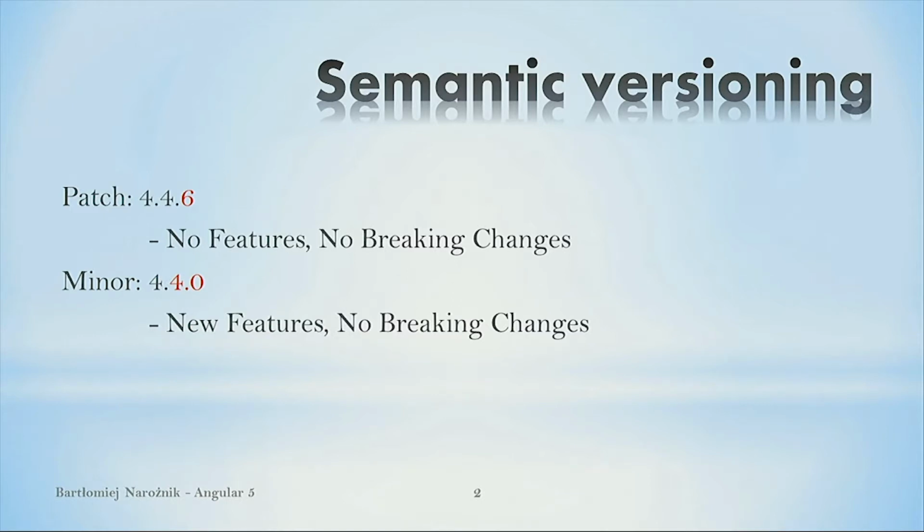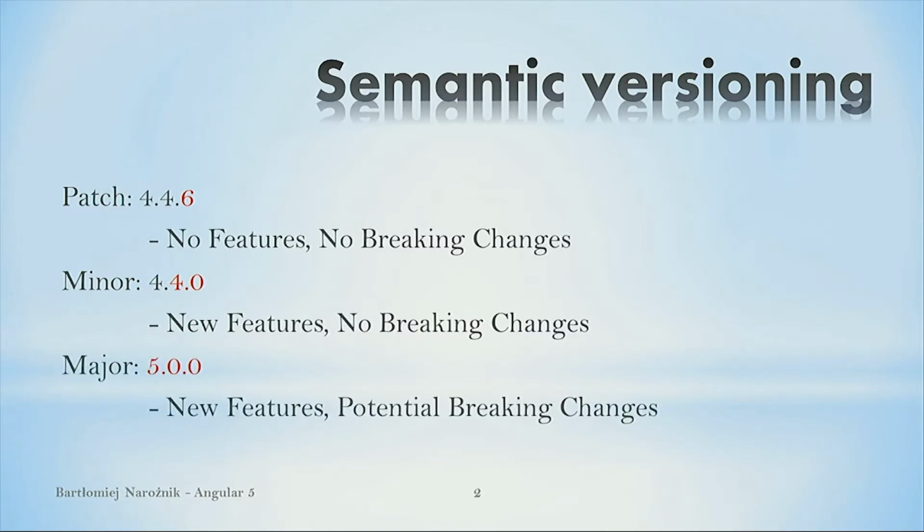So for our version 5, it means we should expect new features and potential breaking changes. It's potential because whether it's breaking or not depends on how extensively you are using Angular and what exactly parts of Angular you are using. So it might be breaking for you, but it's not for sure.